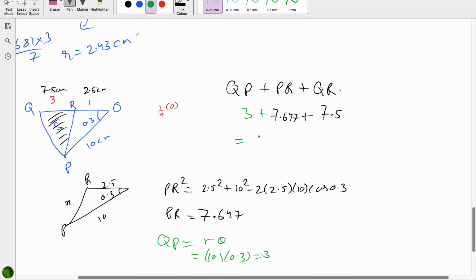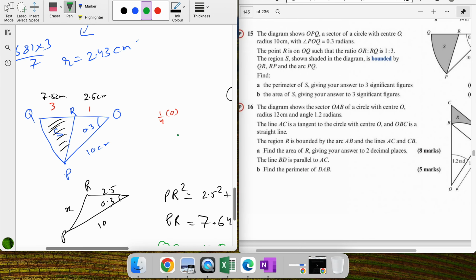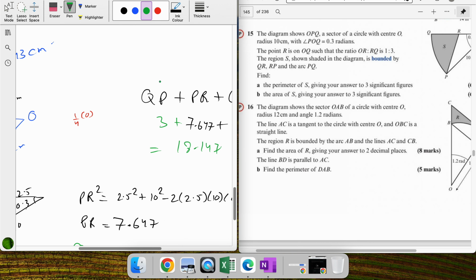Now we add them. 3 plus 7.647 plus 7.5, and it is 18.147, and the degree of accuracy specified in the question is three significant figures. So this makes it 18.1 centimeters.